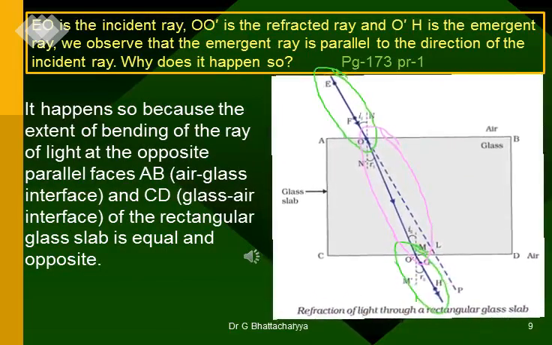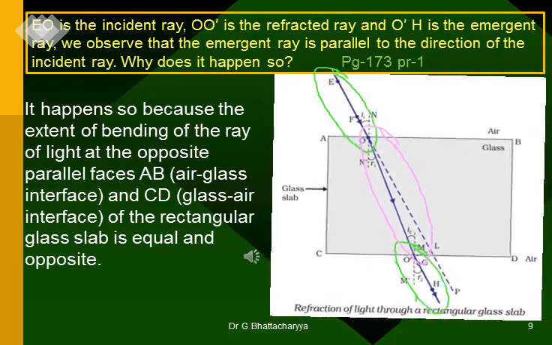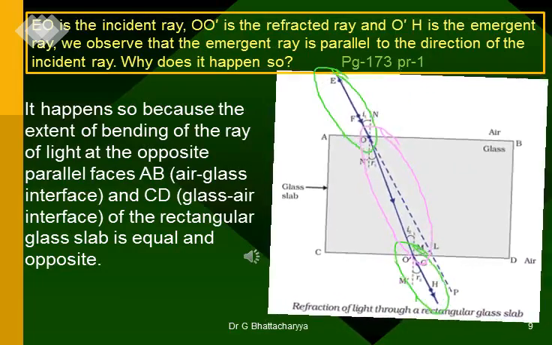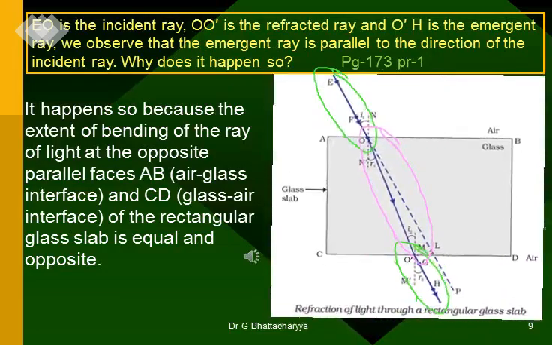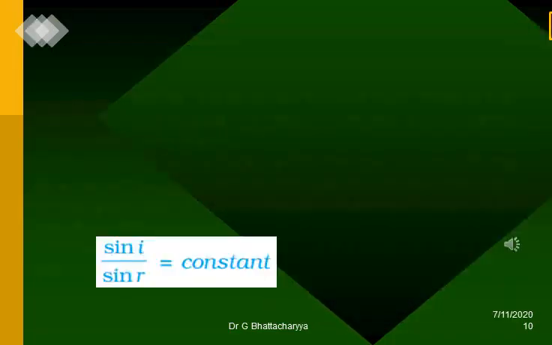We observe that the emergent ray is parallel to the direction of the incident ray. Why does it happen so? It happens so because the extent of bending of the ray of light at the opposite parallel faces, AB air-glass interface and CD glass-air interface of the rectangular glass slab, is equal and opposite.